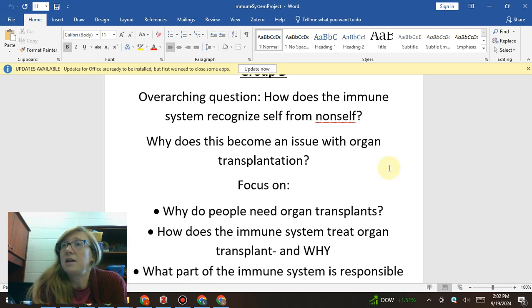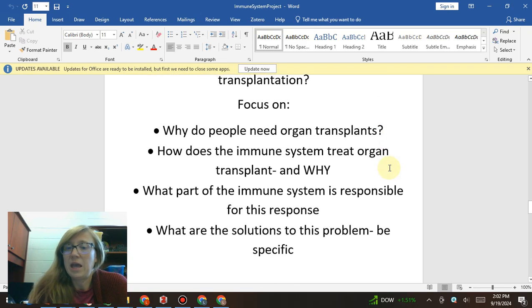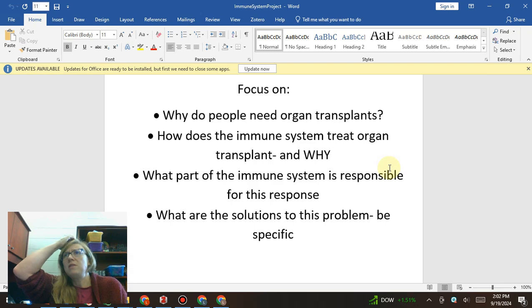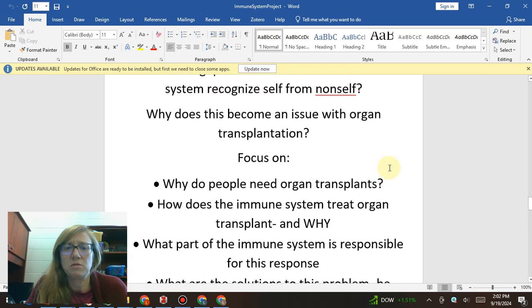I've seen people get eye implants. So why do we need to focus on finding a donor match for people? And what's going on in the immune system that we need to have a match? What is matching? That would be what you would research and write to me about if you chose D.